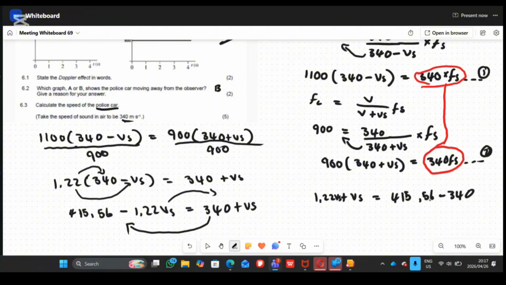So what is 415,56 minus 340? It's 75,56. Okay. And then what about this one? 1,22 plus 1 is going to be 2,22 Vs. Then you're going to divide both sides by 2,22.